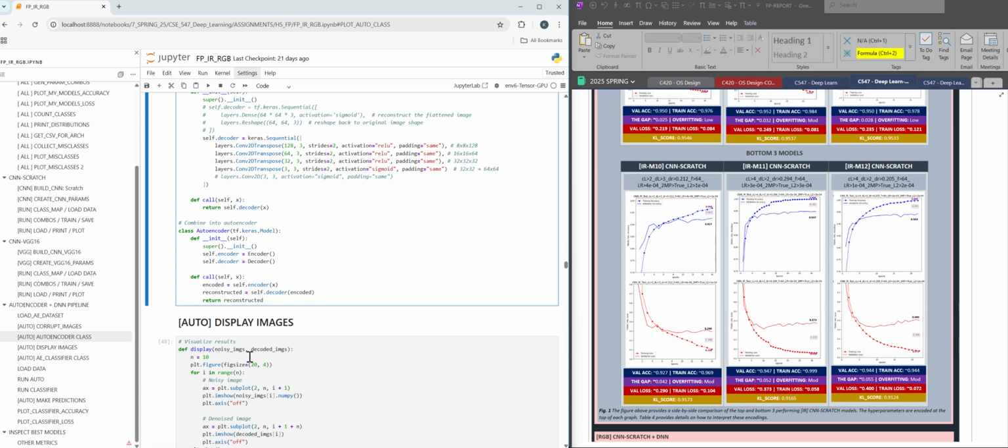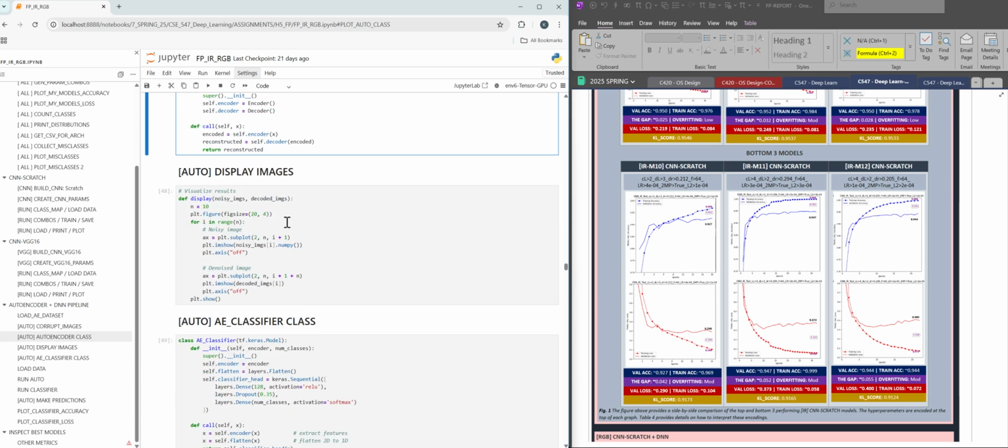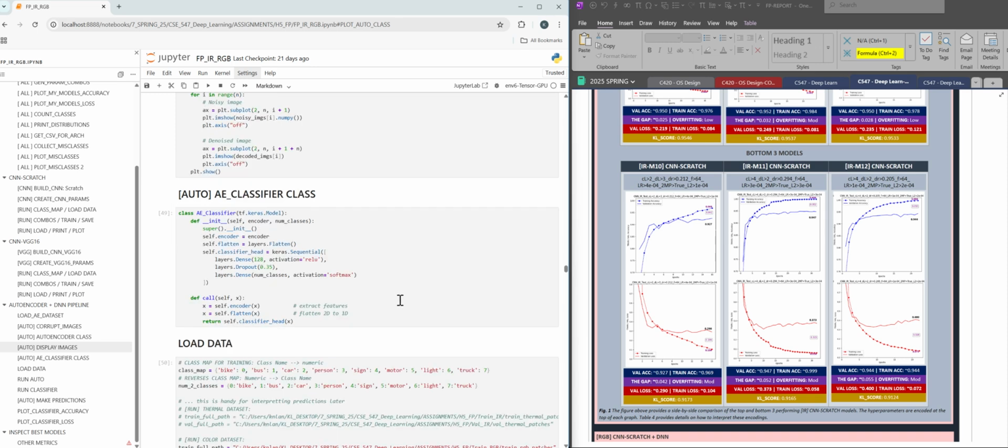And this is a display images function. We've got our autoencoder classifier class, which uses one dense layer before the final classification, and it also uses 0.35 dropout.